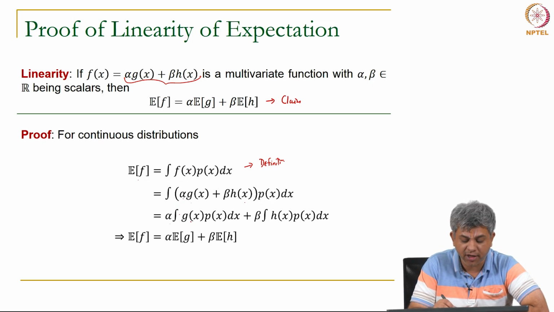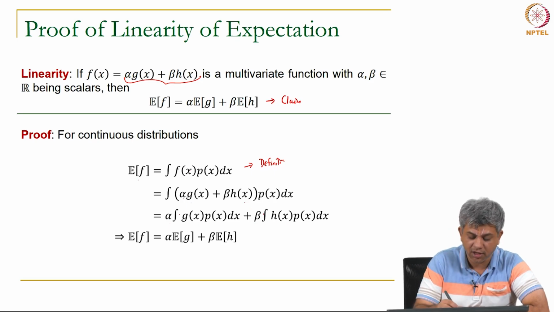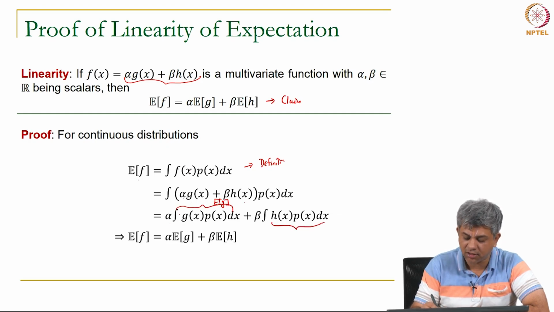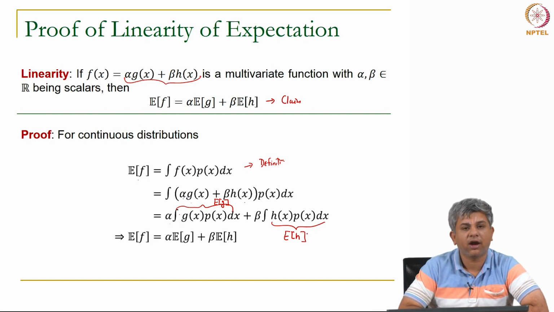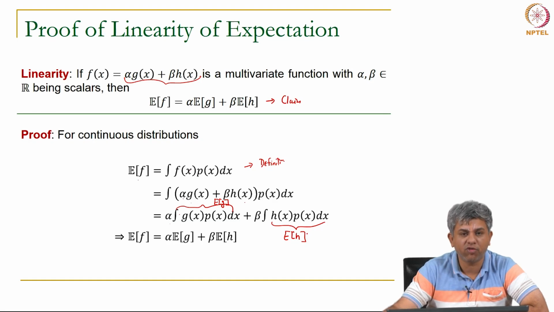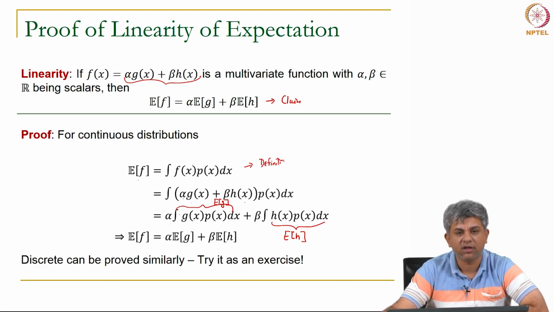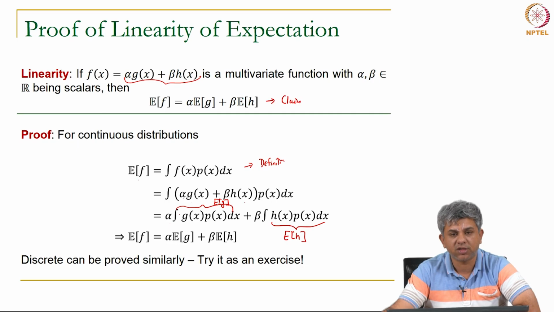So, alpha times integral g x p x dx plus beta times integral h x p x dx. This of course is the definition of E of g and this is the definition of E of h, and therefore, you end up at the proof that E of f is alpha times E g plus beta times E h.